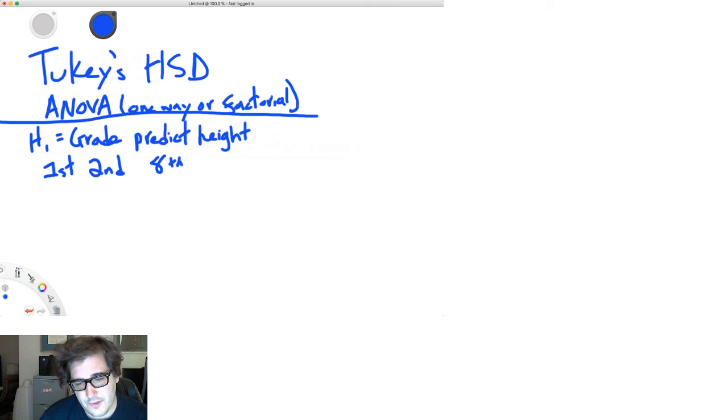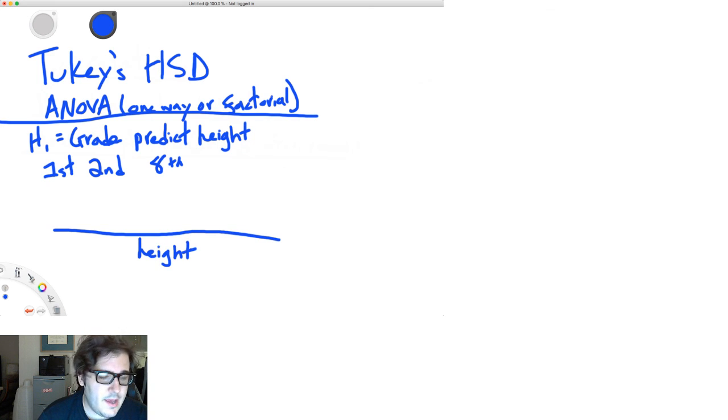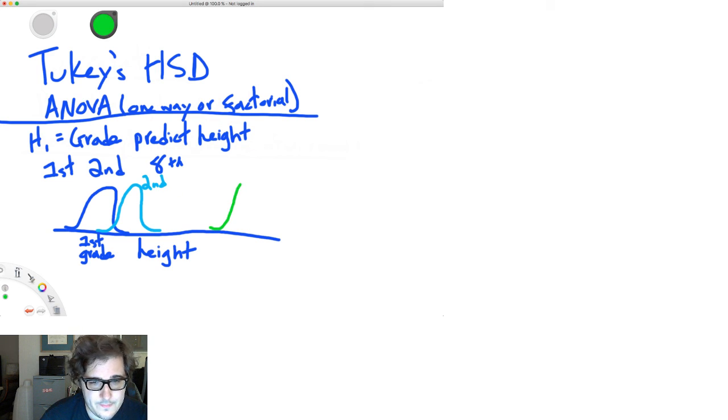You measure the students' height in each of these 3 grades, and then you plot them out. You see that you have a distribution of heights for your first graders, a distribution of heights for your second graders, and a distribution of heights for your eighth graders.